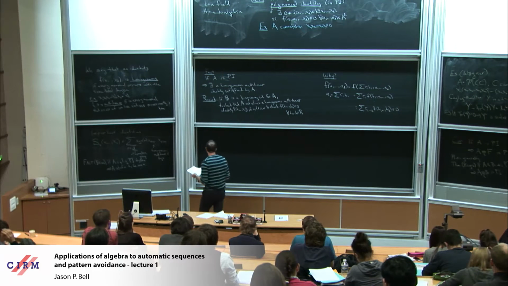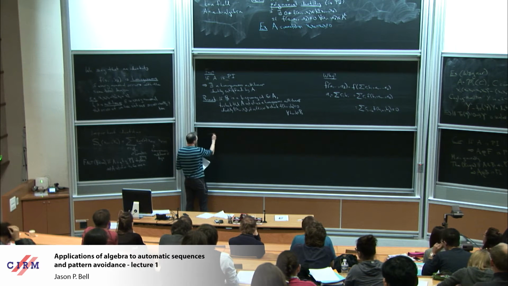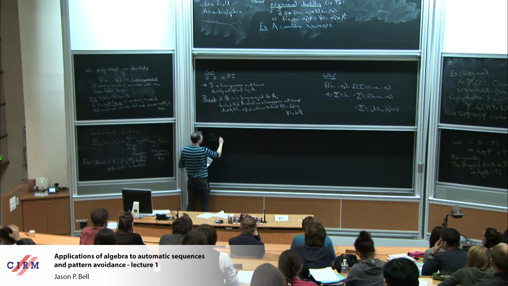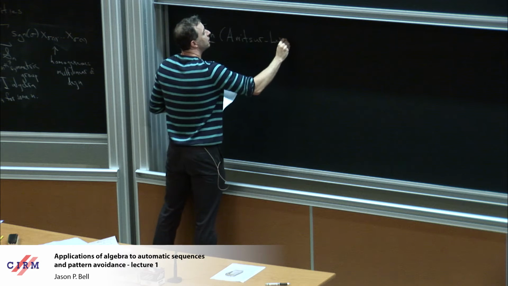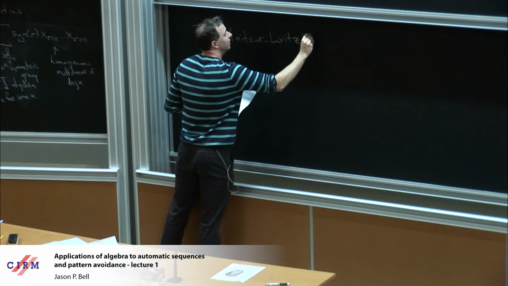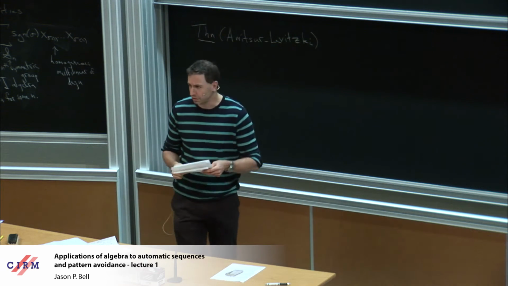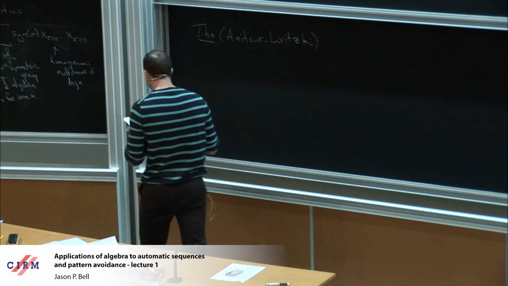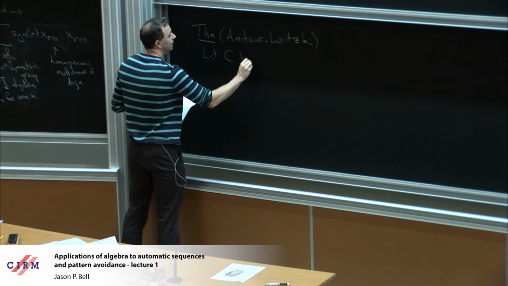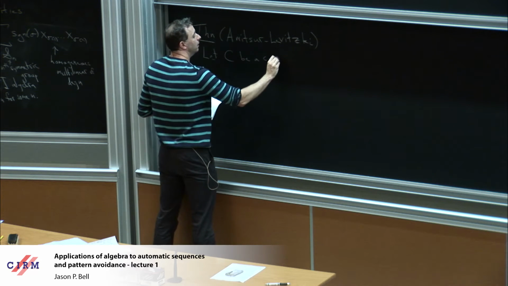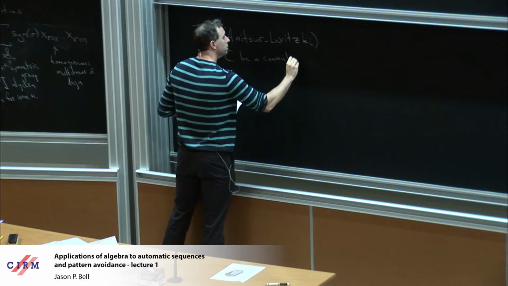Here's a theorem. Some of you might know this theorem, but it's a wonderful theorem. If you don't know it, well, you're going to know it right now. This is Levitzki's. Amitsur was Levitzki's grad student. And all it says is, let C be a commutative ring.